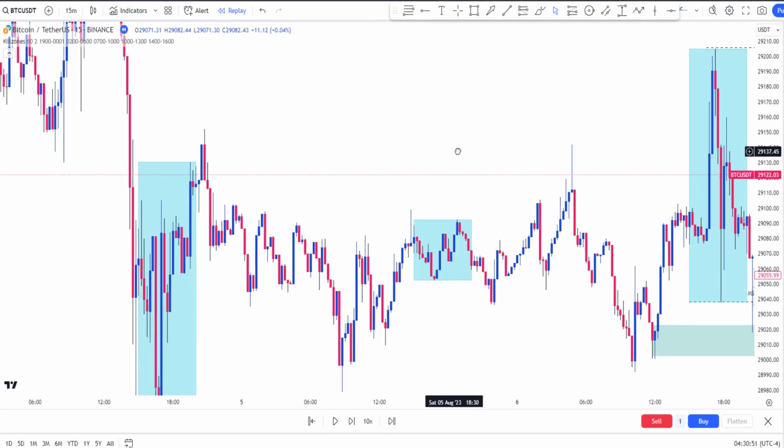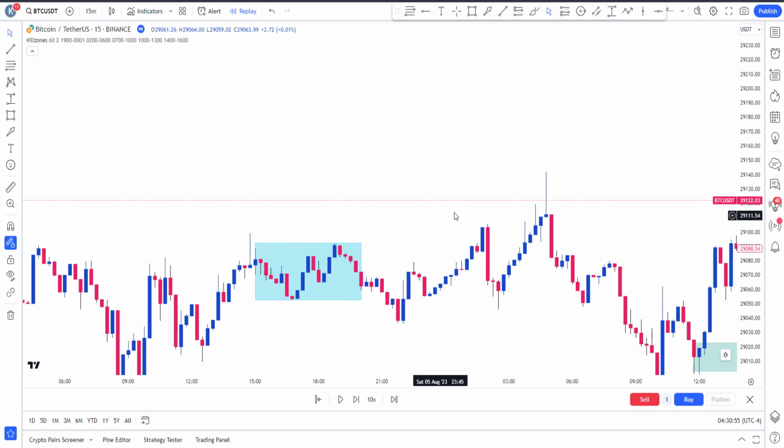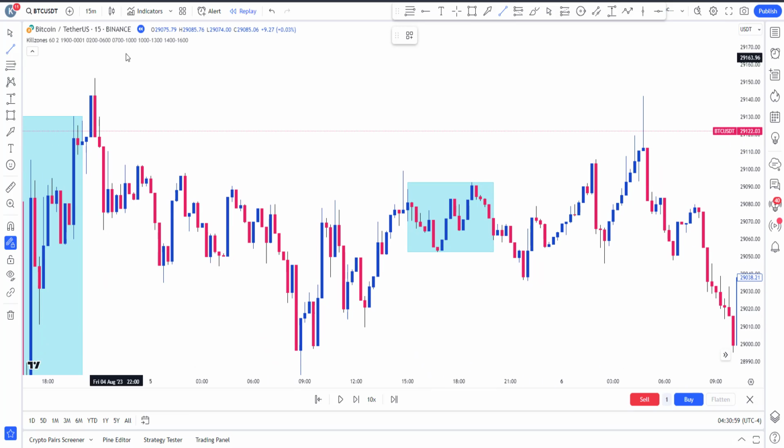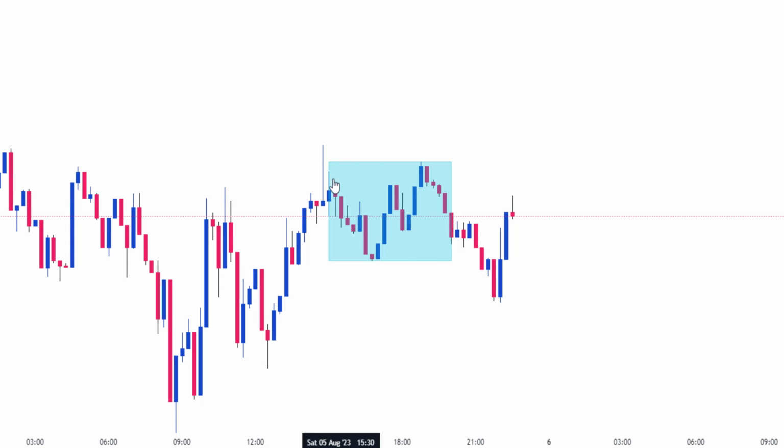All right, so look at this one right here. Another day, you have this one happening here. Let me show you if I can take out this level. Taking out that level, which of this liquidity was grabbed first? The one below here.